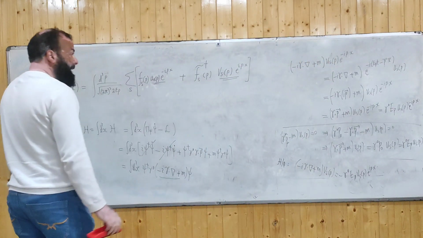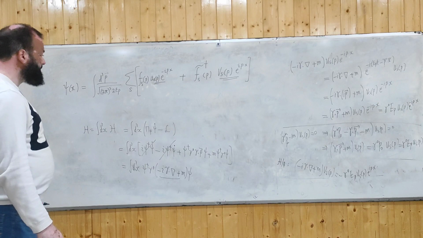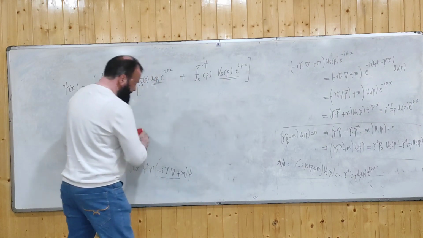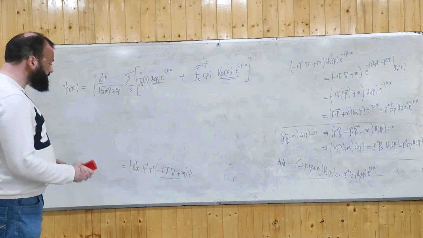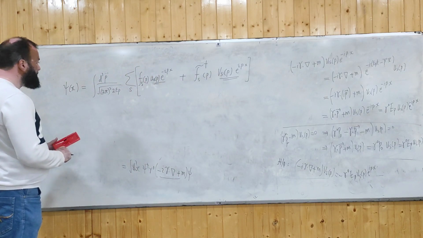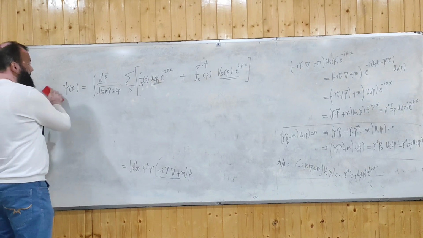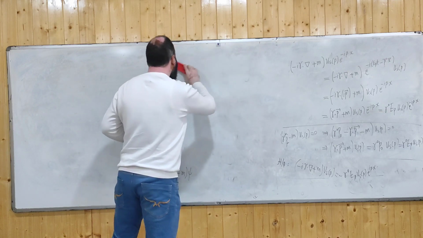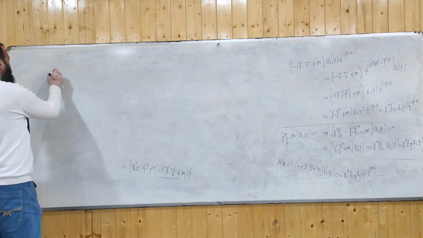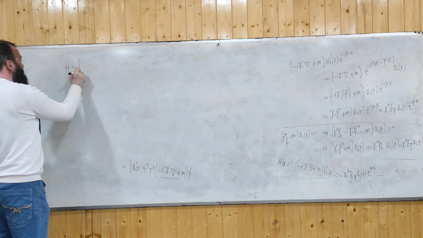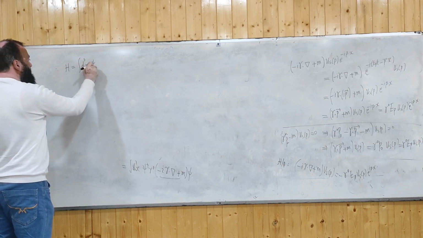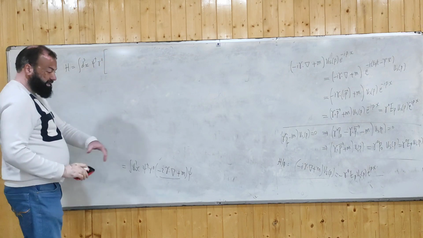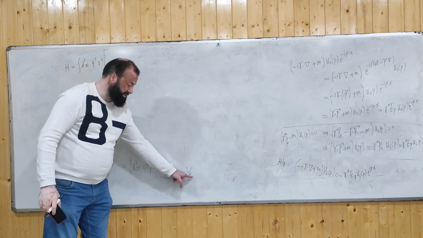Let's substitute. Let me write it here. So therefore I can write this Hamiltonian H equal to the integral d^3x of ψ-dagger, with γ^0.